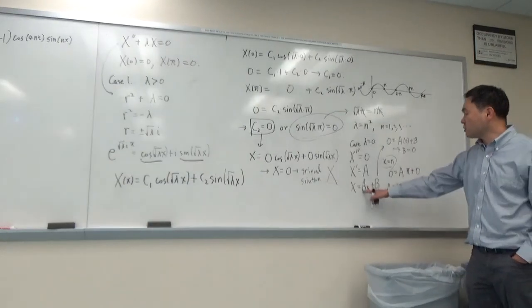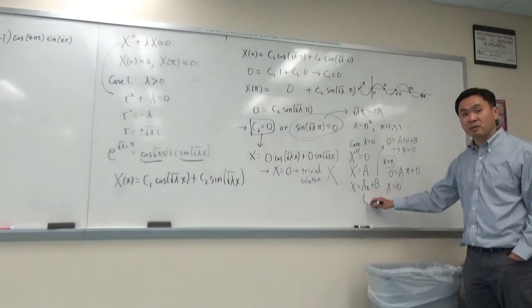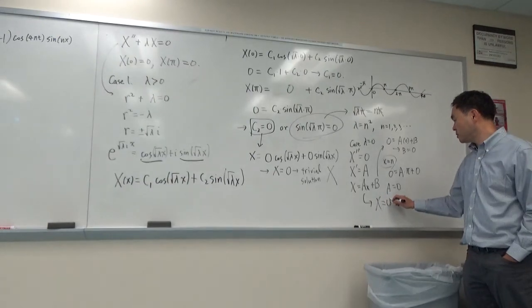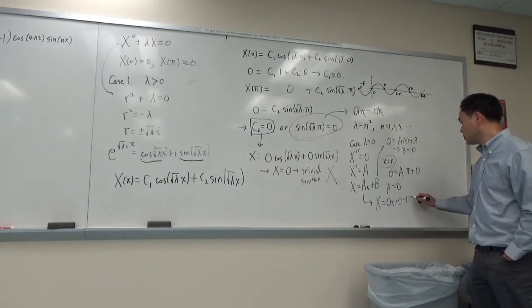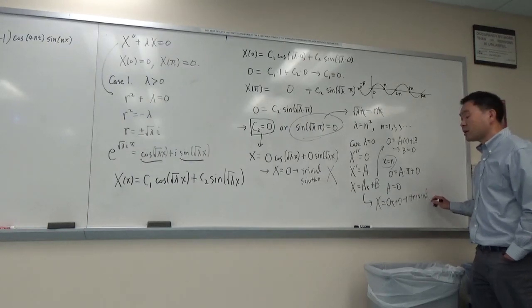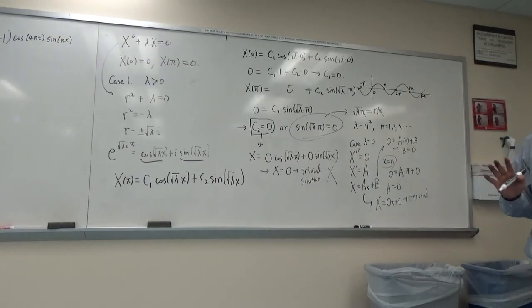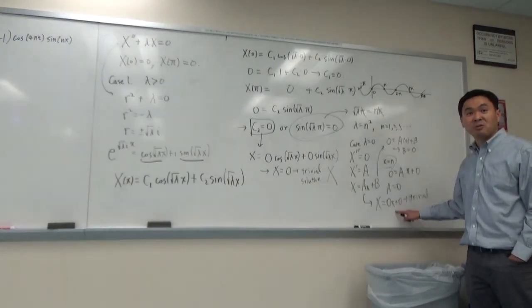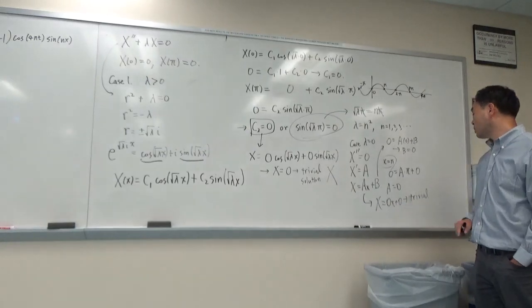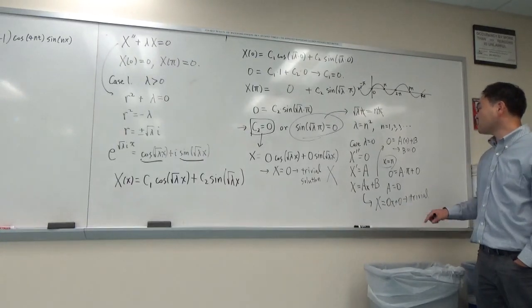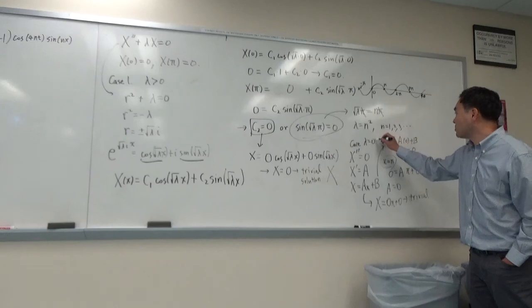So if a is 0 and b is 0, you get the trivial solution. Is there any way out? Is there any way we can get a non-trivial solution in this case? No, you don't have any choice. x has to be 0. And because of that, lambda equal to 0 is not an eigenvalue.